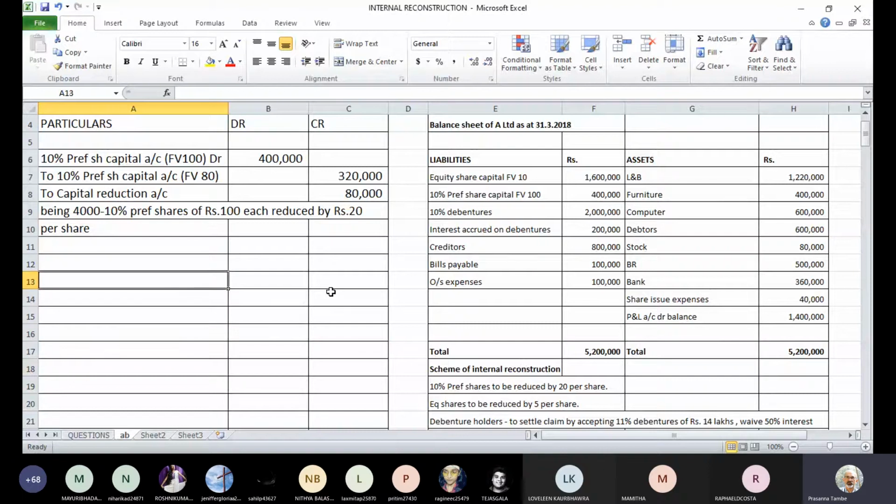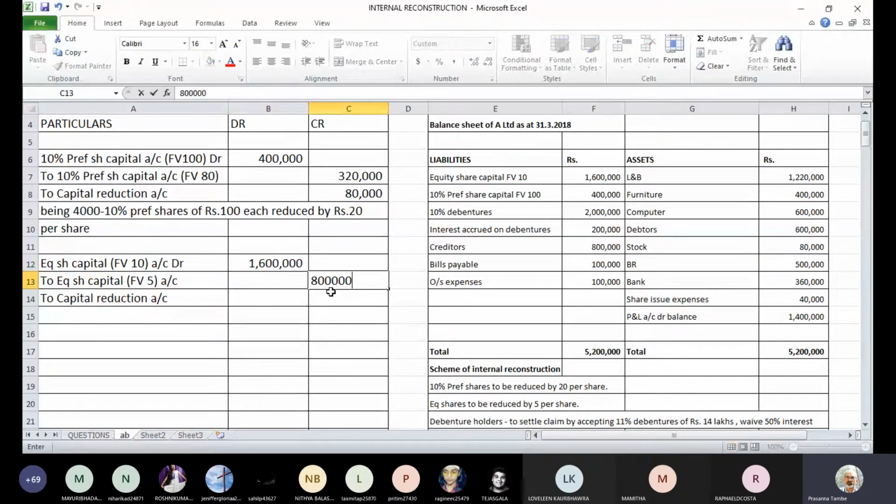So our entry will be share capital account, face value 10, debit, to capital reduction account credit. So original amount of 16 lakhs debited, here 8 lakhs credited.